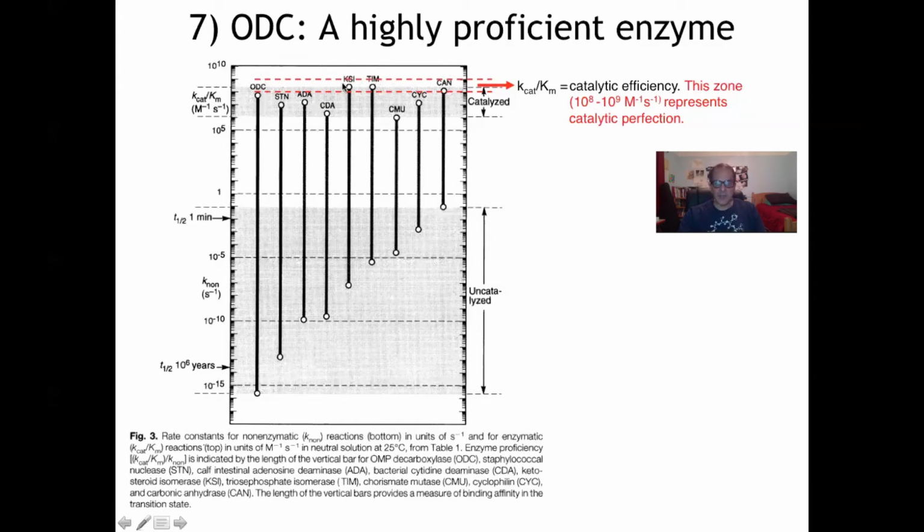So in terms of catalytic efficiency, you could say that ODC is not as good as carbonic anhydrase or triose phosphate isomerase. But in terms of catalytic proficiency, which many would consider the ultimate measure of enzyme quality, it is significantly better than those enzymes.